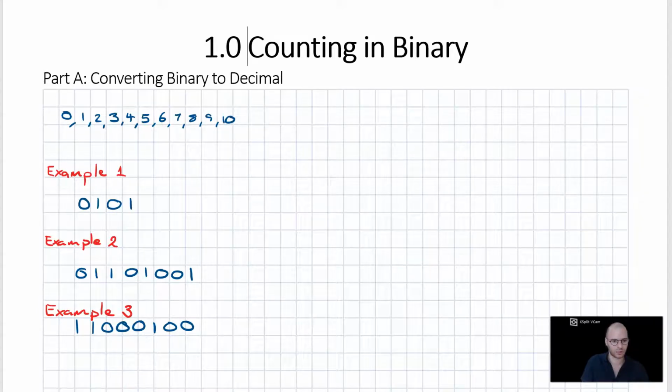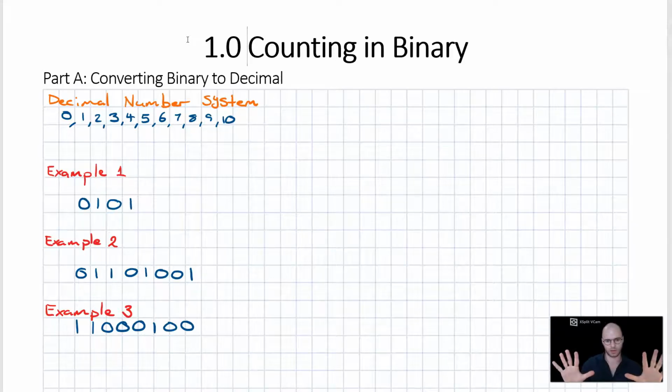And for us this seems really natural because this is the system we've been using pretty much all of our lives. Now this system here, it's actually got a name and we call it the decimal. Decimal meaning 10. Now the reason we count in this number system is, well, some would argue it's purely because we've got 10 digits on our hands. So it's nice and easy to count.